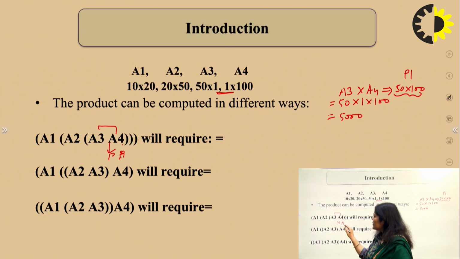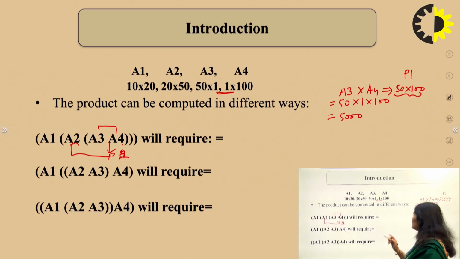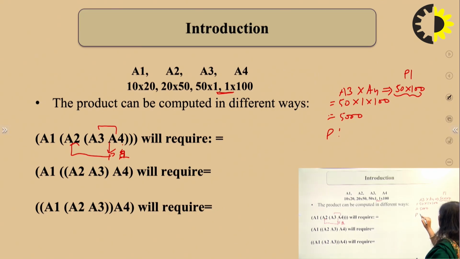Now, whatever product I have calculated, which I denote as P1, is next multiplied with A2. The dimension of A2 is 20 cross 50, and the dimension of P1 is 50 cross 100. As you can see, the inner dimensions are matching, so these two matrices can be multiplied together.